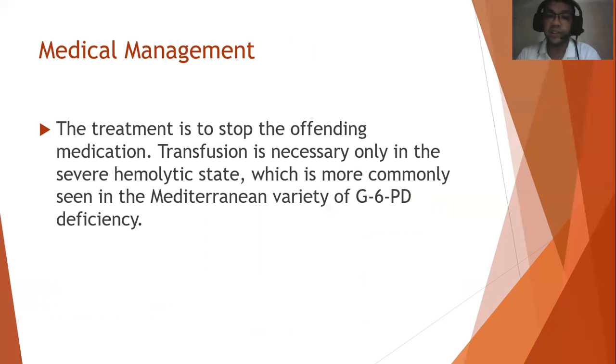Transfusion is only necessary in severe hemolytic states, which is more commonly seen in the Mediterranean variety of G6PD deficiency. So that's how they treat G6PD deficiency. They will appear normal unless they are given those offending medications. So take note of those medications that might trigger G6PD deficiency in a patient.